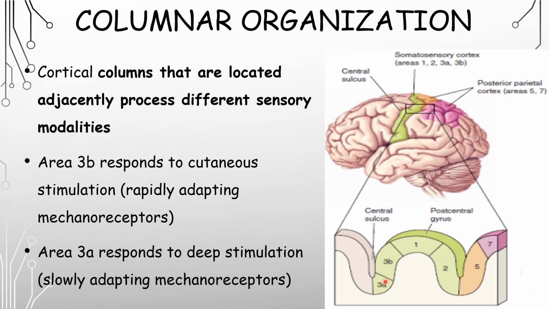So this is cutaneous, and this is for proprioceptive, deep movement, slowly adapting mechanoreceptors. That is why we always go with 3, 1 and 2, in this order. You cannot change this order. If somebody asks what the primary sensory area is, you cannot say 1, 2, 3. It is always 3, 1 and 2.